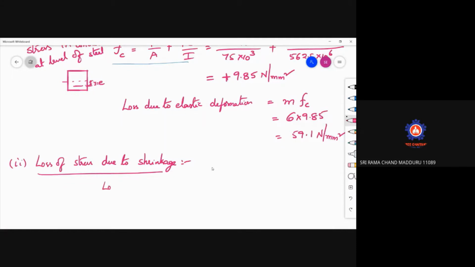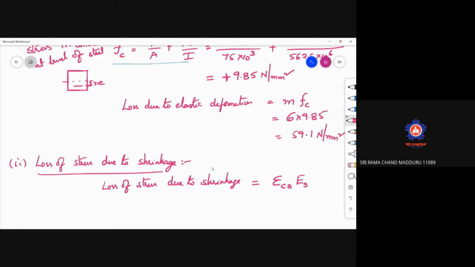The loss of stress due to shrinkage is equal to epsilon Cs into Es. So stress is nothing but shrinkage strain multiplied with the modulus of elasticity of steel.